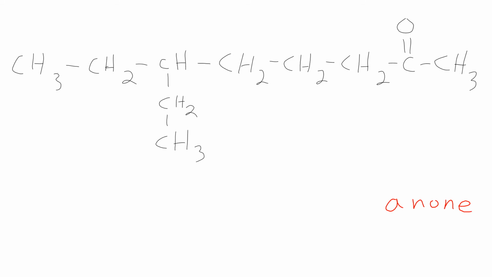Next up, just like always, we're counting carbons in that longest continuous carbon chain. 1, 2, 3, 4, 5, 6, 7, 8 carbons in that longest continuous carbon chain. The prefix we associate with 8 is oct. So we can get that in there.